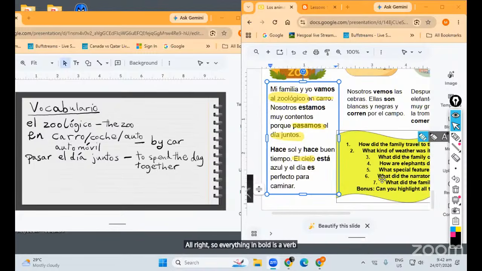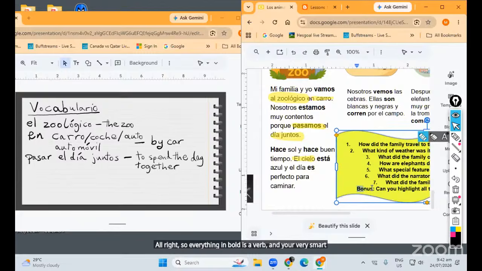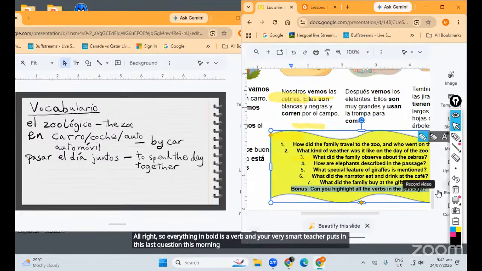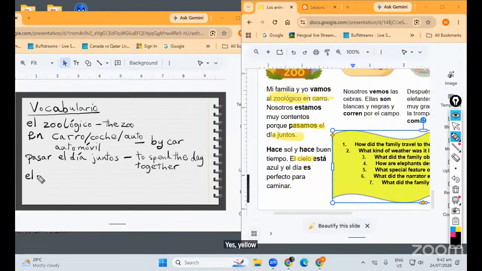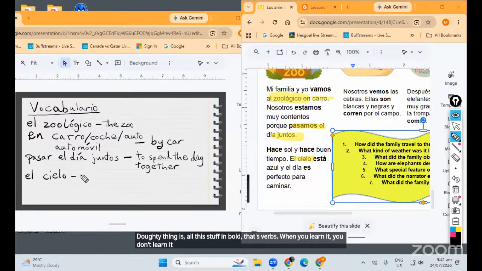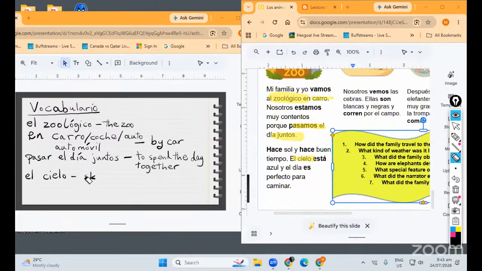And your very smart teacher put in this last question this morning, not realizing that AI already highlighted them for us. Let me just take it off, right? El cielo. Now the thing is, all this stuff in bold, that's verbs. When you learn it, you don't learn it in that form. How you learn it? You learn it with the original ending. You learn it with an AR, ER, or IR ending. So el cielo is the sky.